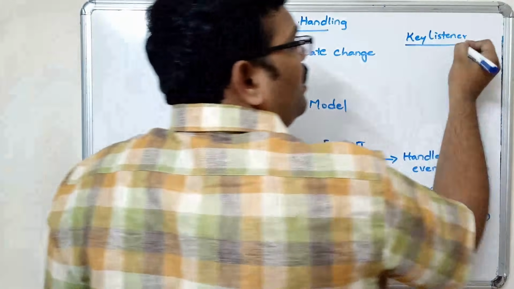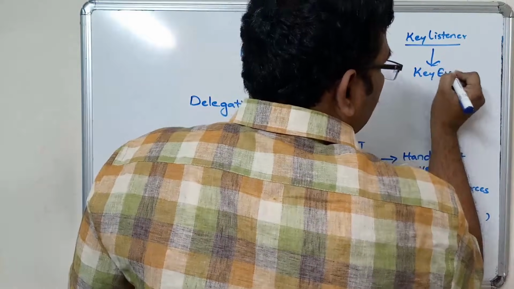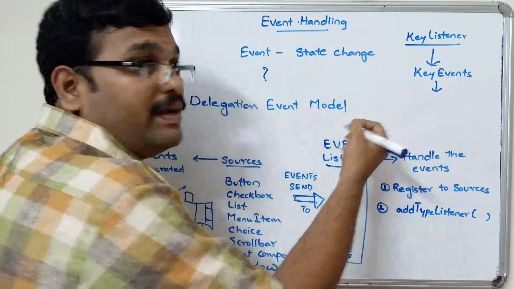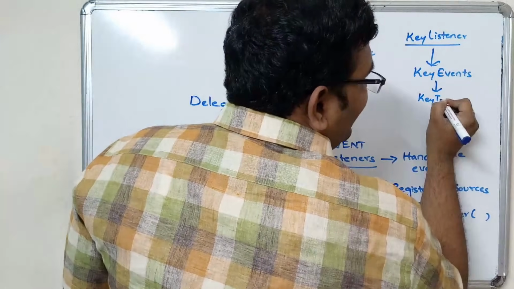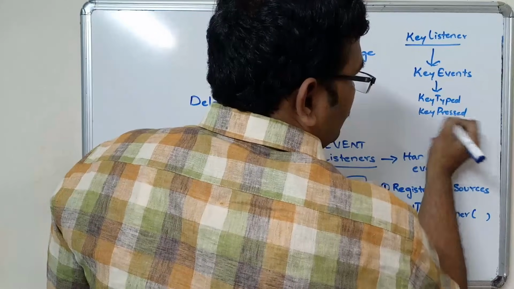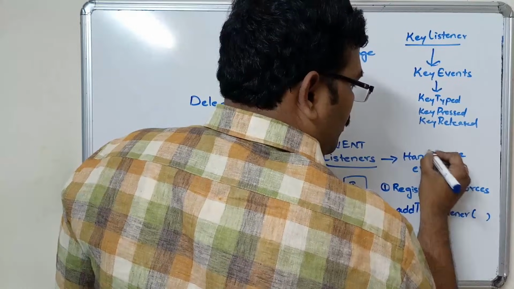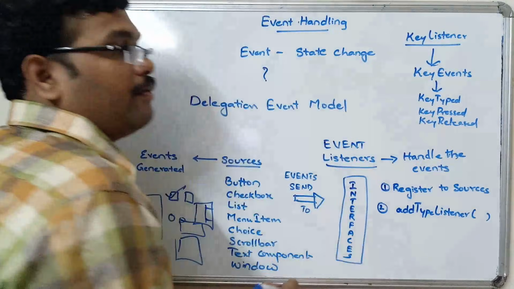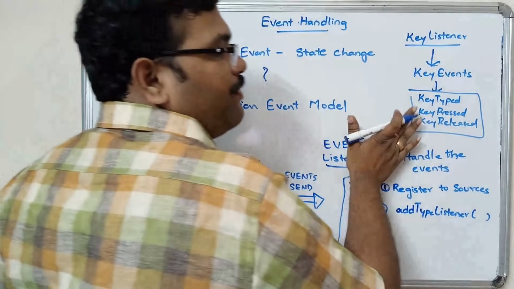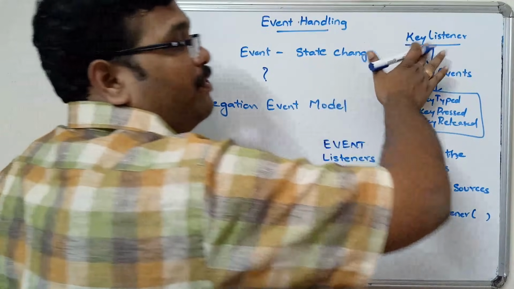This will be responsible for key events. So what are these key events? Key typed, key pressed, key released, right? So these are the events generated by the sources.